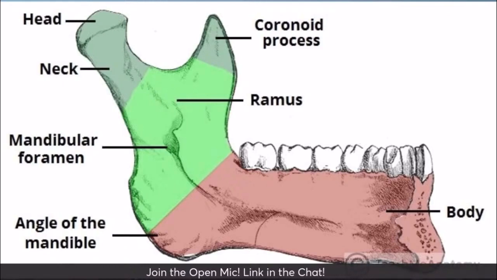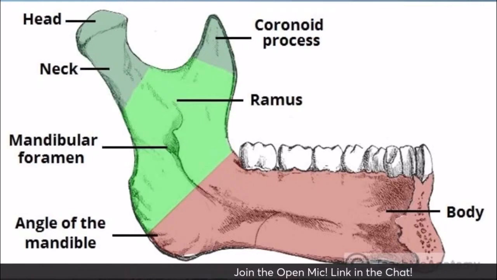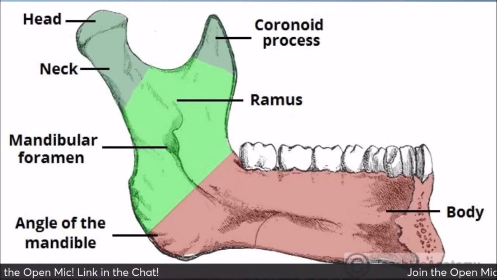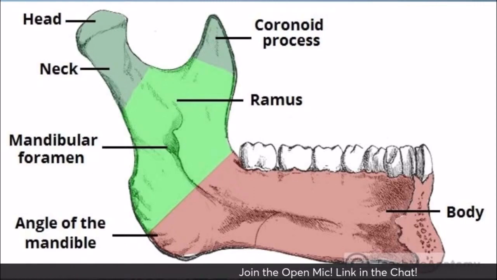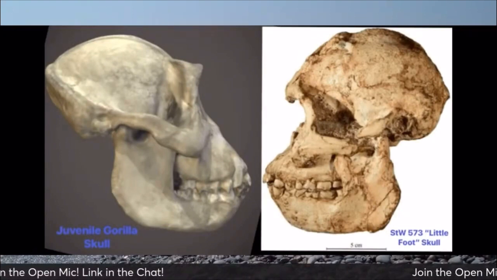Now the ramus, like the mandibular arm going up, and then you have the neck, the coronoid process. So what I'm talking about here is the whole thing: the ramus, the angle of the mandible, the body, the neck, every feature of the mandible, the lower jaw, matches perfectly from left to right.